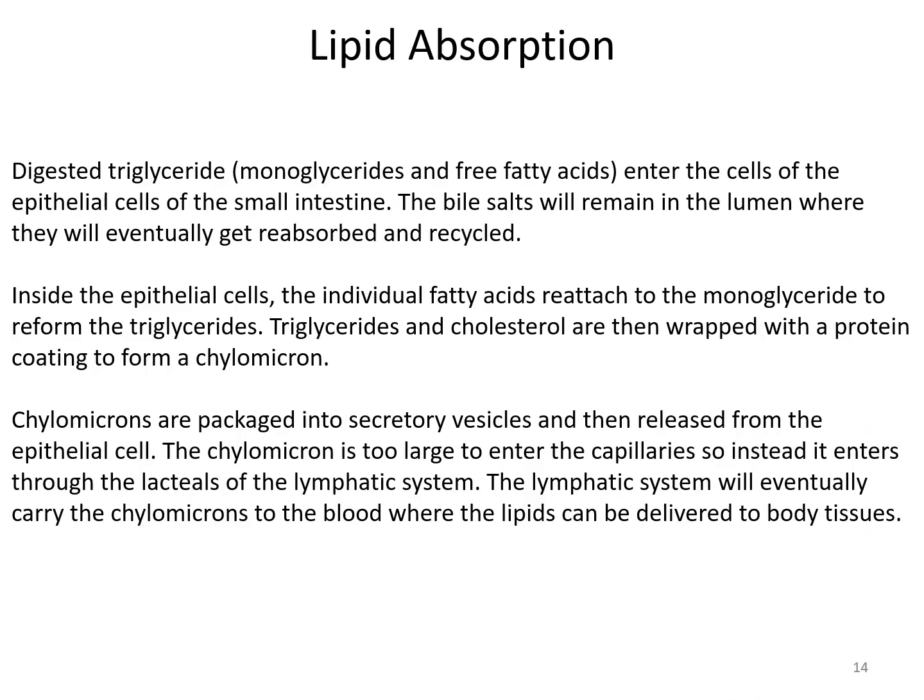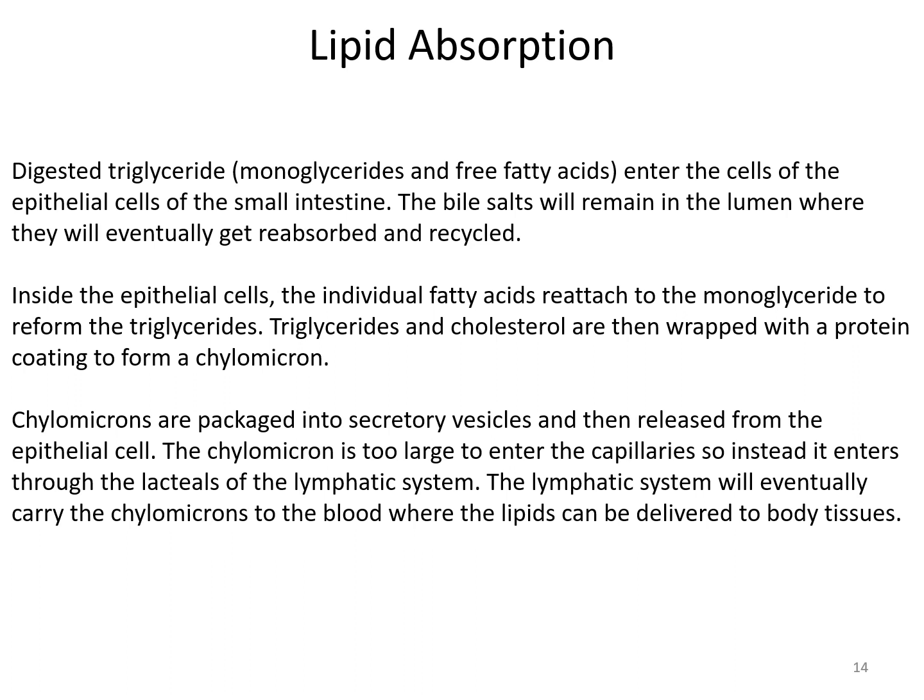The digested triglyceride, which again consists of the monoglyceride and the two free fatty acids, is going to enter the epithelial cell of the small intestine. So I'm going to talk about this and then I'll show it on the next slide. The bile salts stay in the small intestine lumen where they're going to get recycled and reused. Inside the epithelial cell, the individual fatty acids will reattach to the monoglyceride to form the triglyceride.